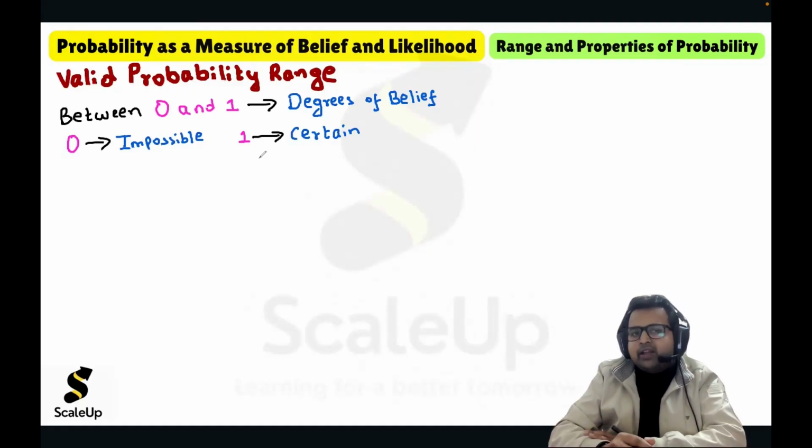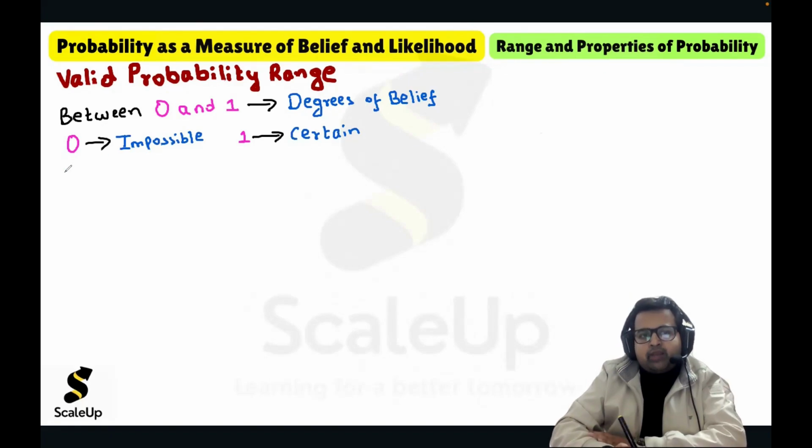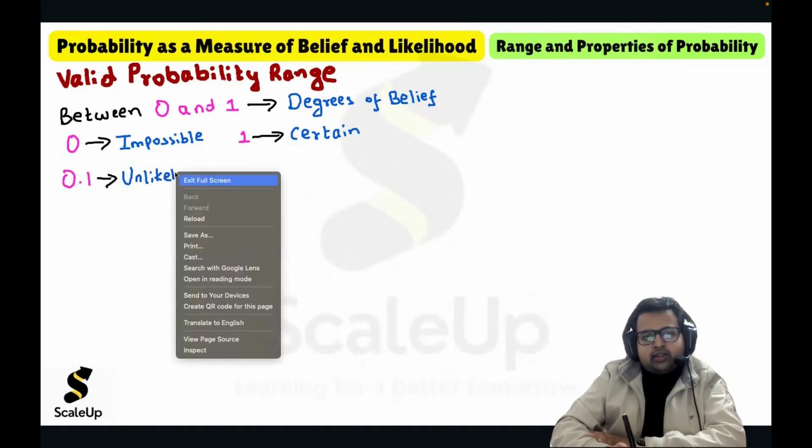So these are the values probability can take. Now in this range, probability can be 0.1 also. What 0.1 means is there is a chance of occurrence of the event, but it is highly unlikely, because there is very little chance. So we call it unlikely.